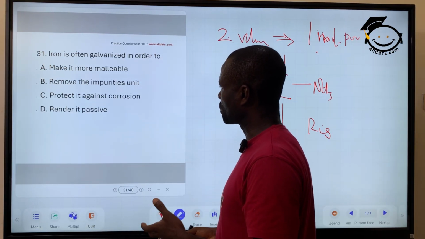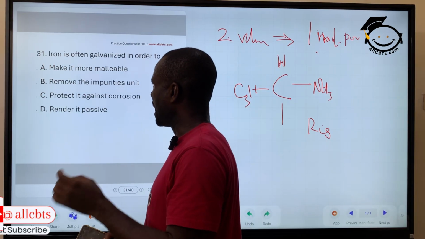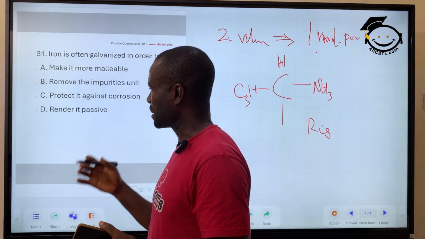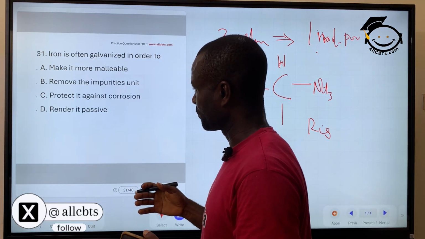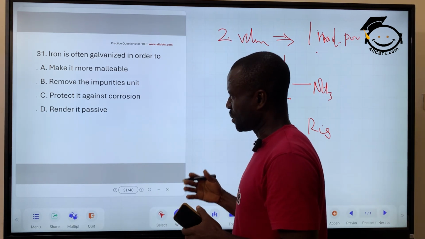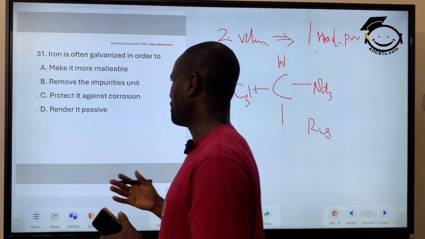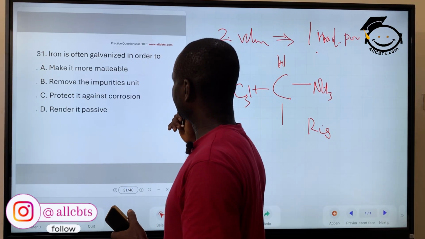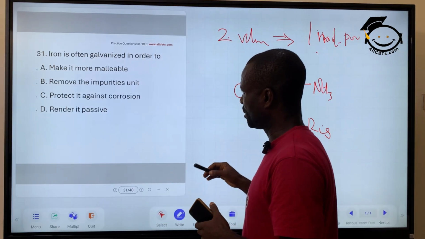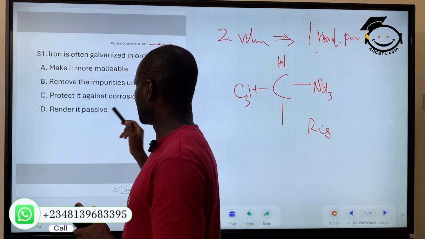Protect it against corrosion. That's the best option. Galvanization simply means you are preventing a particular element or metal from getting in contact with oxidation, that is corrosion. Corrosion can be prevented in metal if you coat one metal on top of the other. So the process is called galvanization.